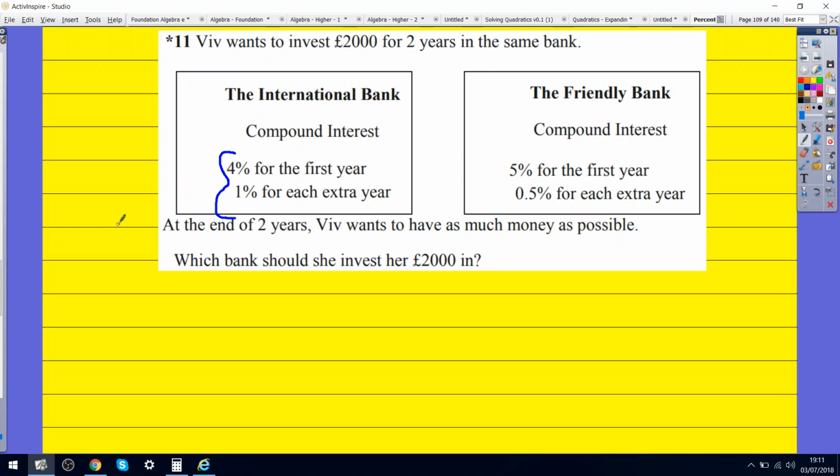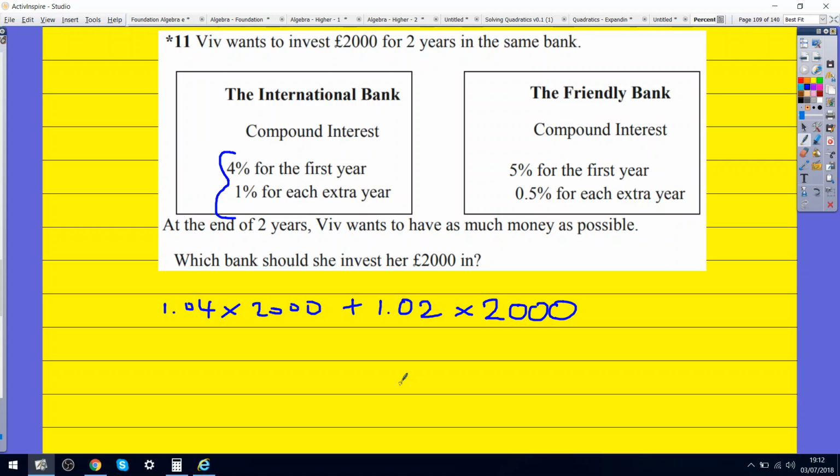So 1.04 plus is 4,100. These both have 2,000.